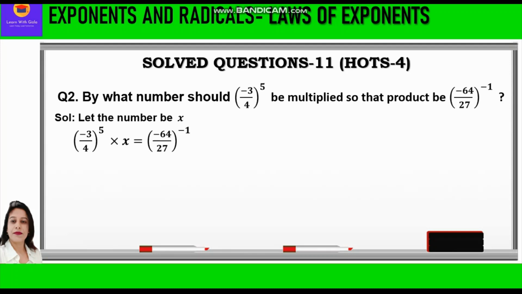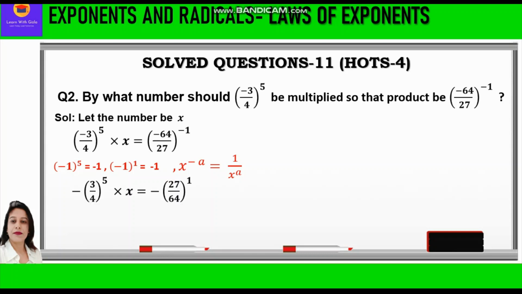Now over here we have to take care of two things. One is the negative sign inside the bracket and another is the negative exponent. Now we know that any number which is negative and raised to an odd power is always negative. So over here we have minus 1 whole raised to power 5, which will be equal to minus 1, and then minus 1 raised to power 1, which will always be minus 1. And further, the negative exponent we shall make positive by just reciprocating the base according to the law of negative exponent, which says x raised to power minus a is equal to 1 upon x raised to power a.